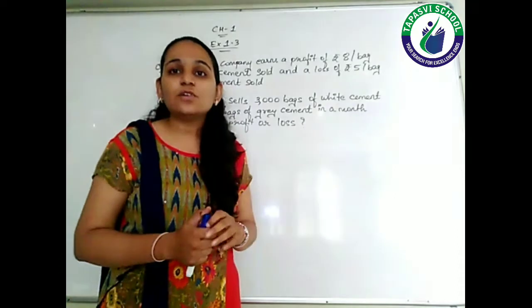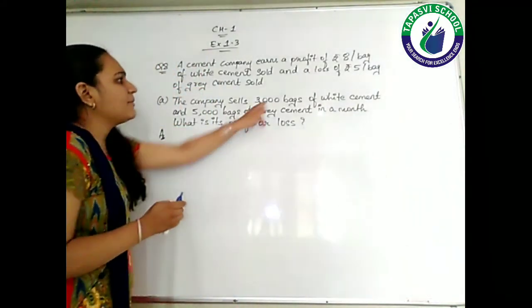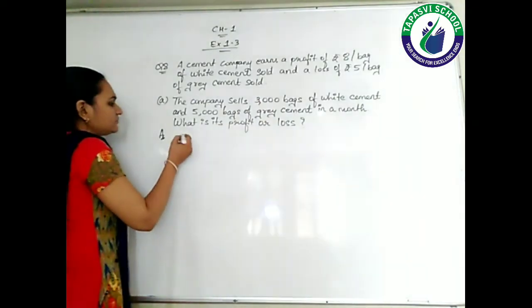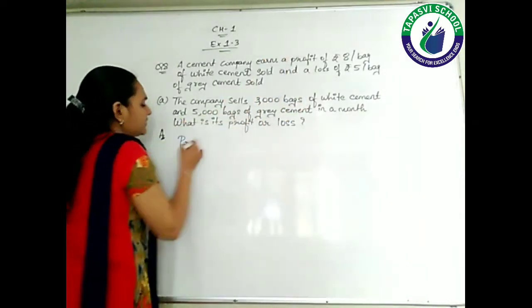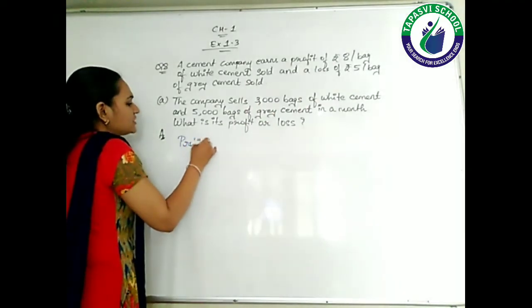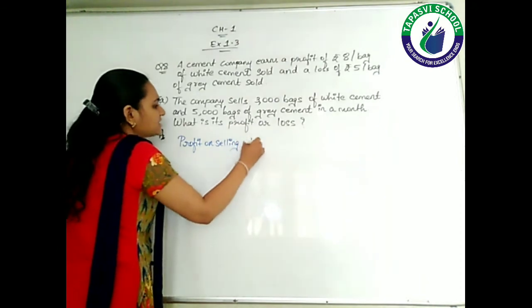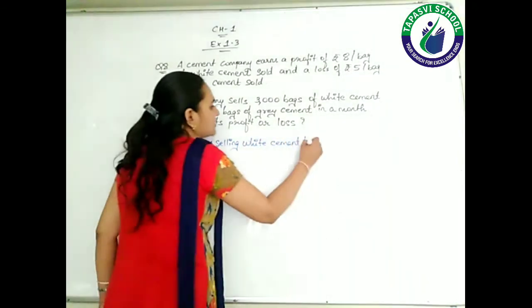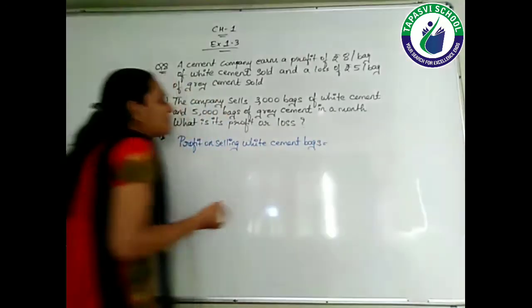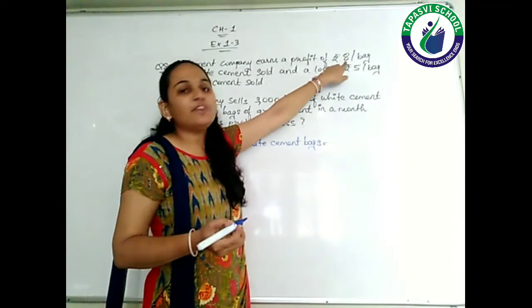So let's see the calculation, students. Okay, first I am taking the bags of white cement. So now see, white cement, so there is a profit, so I am here writing profit on selling white cement bags is equal to, now how many bags are there? 3000, and per bag profit is 8.